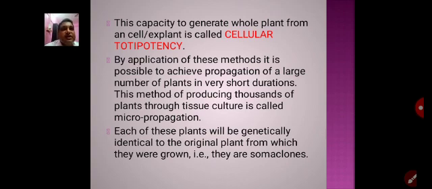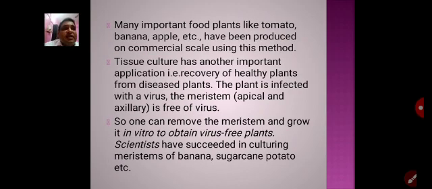We can sometimes develop a disease-free plant through this technique, but we have to take the explant from the meristem. Meristematic cells are always dividing in nature, so the explant is taken from there. So we can develop a disease-free plant.